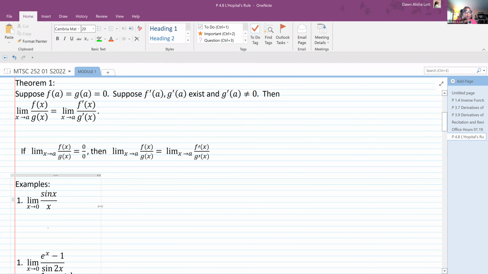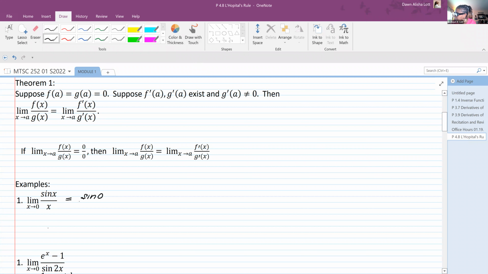All right, so the limit as x approaches 0 of the sine of x over x. Remember, when we do limits, the first thing we do is direct substitution. That means put 0 in there. So this is going to give me the sine of 0 over 0.